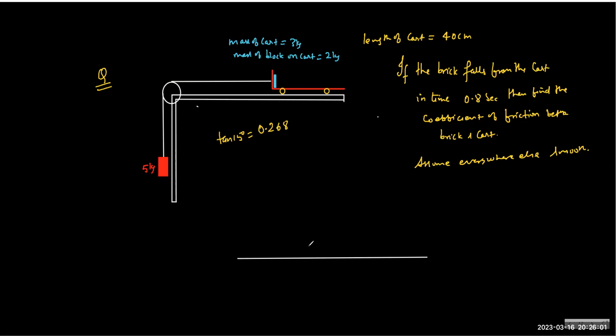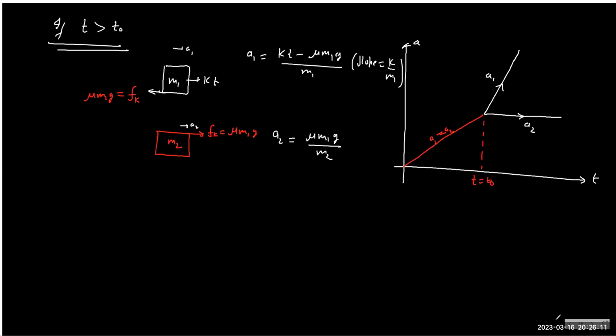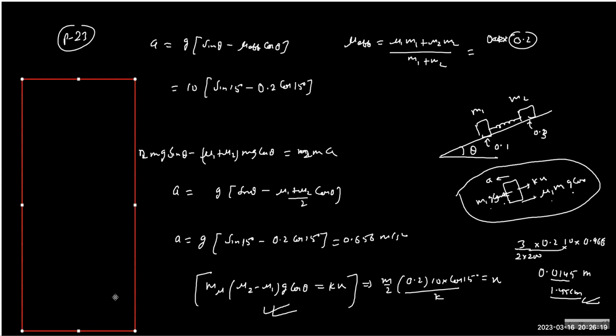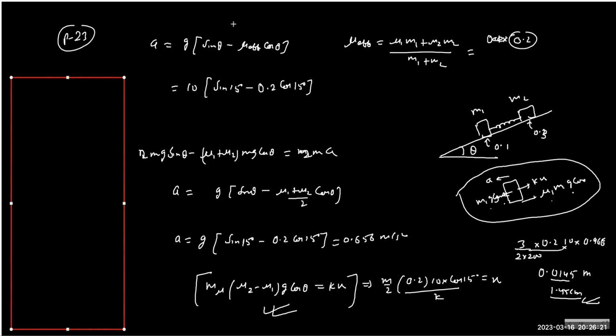Okay, just a moment, we'll go back to the same problem. I'll just give you a very standard answer, why we got the answer the way we got it. I'll solve this question in short, and this is true for any two block system. I'll show you the advanced method, slightly advanced. Try to digest.